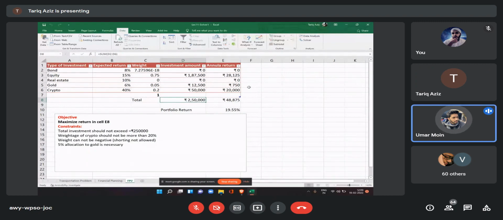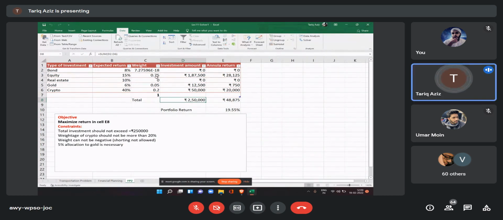And sir, why is it that only real estate and bonds are shown with a weightage of 0? Actually, this software uses a trial and error method. So it tries different weightages. See, this number is basically 0.00000, you have to write 18 zeros, then 72 and 759 like that.